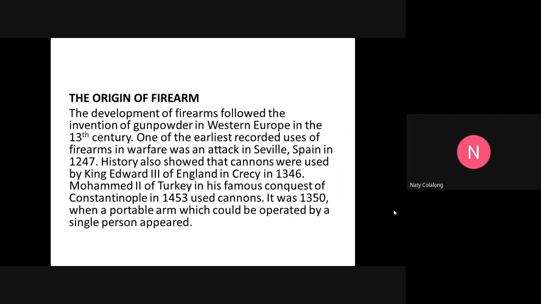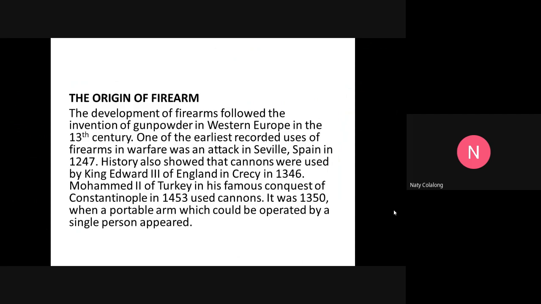The origin and development of firearms followed the invention of gunpowder in Western Europe in the 13th century. One of the earliest recorded uses of firearms in warfare was an attack in Seville, Spain in 1247.